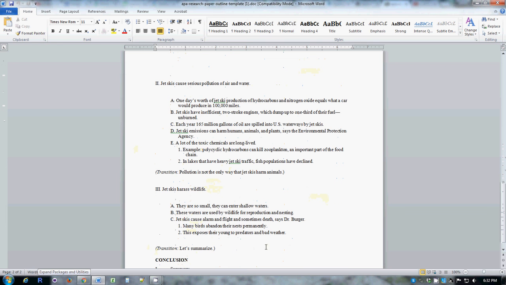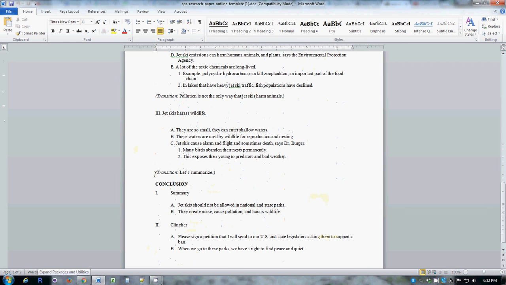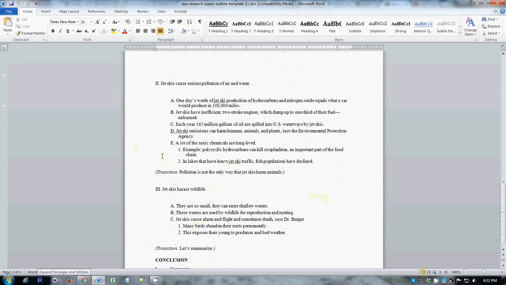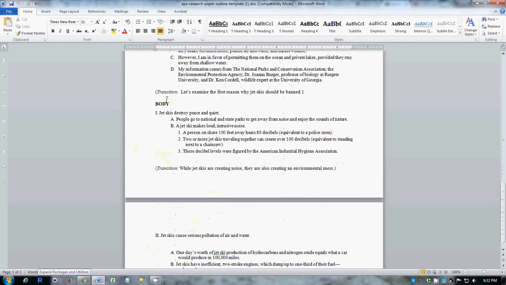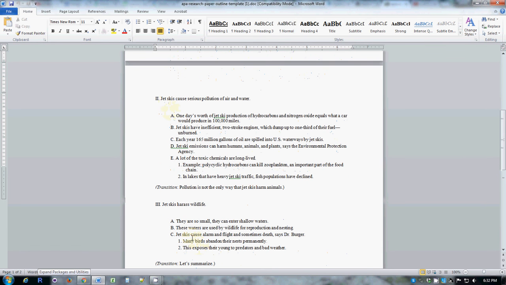So there may very likely need to be a discussion in between the body, which may be methods, materials, and results.